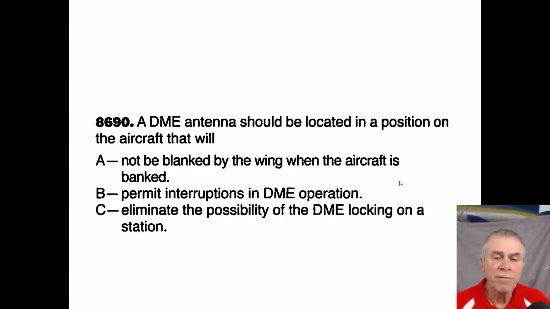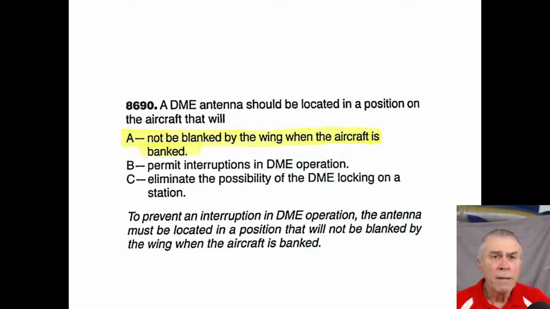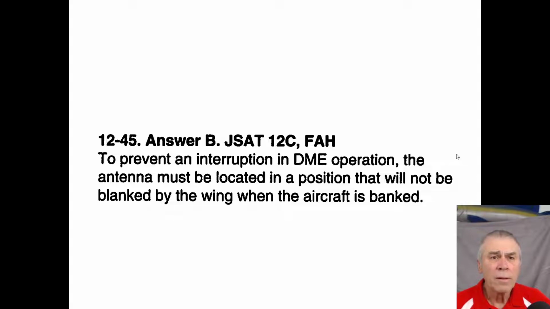I'd probably say further aft. Yes, so it's not blanked by the wing when the aircraft is banked. They don't really suggest anything. I would imagine that type of suggestion comes with the equipment.